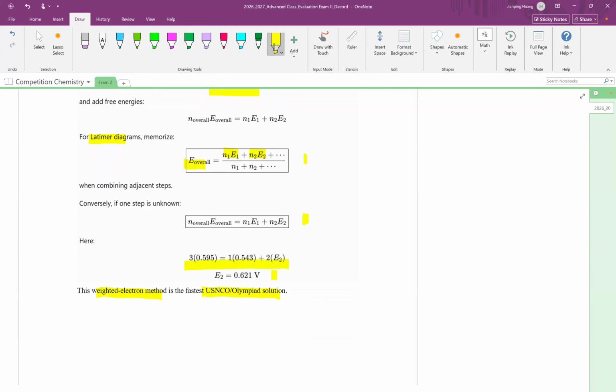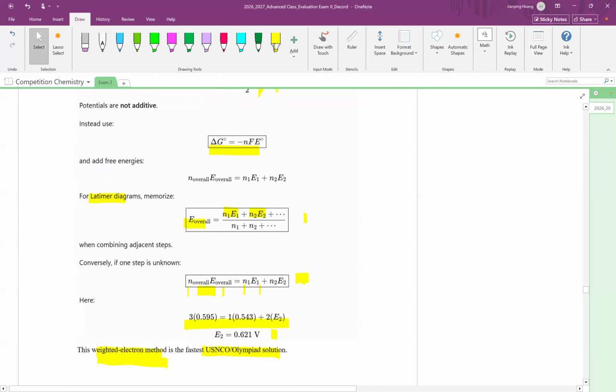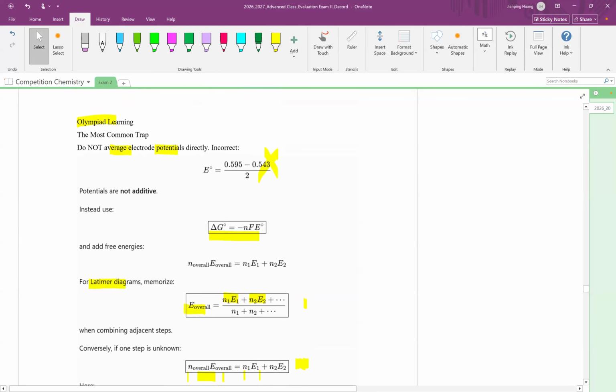Use this way, or use this one. So overall electron times reduction potential, electron reduction potential, and that's called the weighted electron method. You have to multiply by the electrons. Okay, right now go to next one.